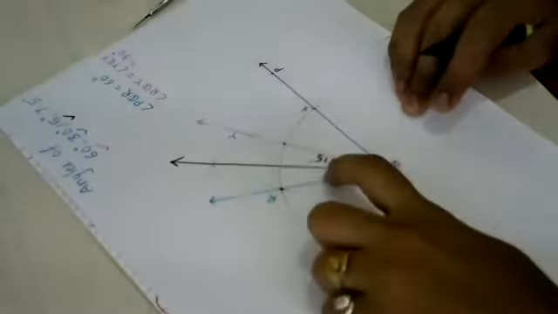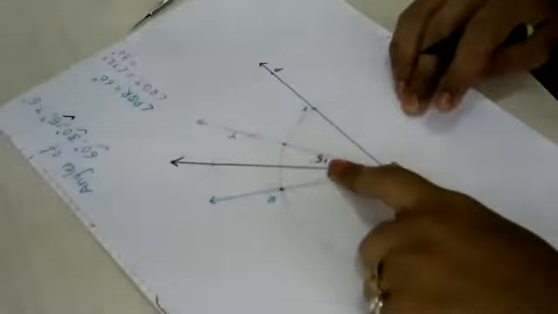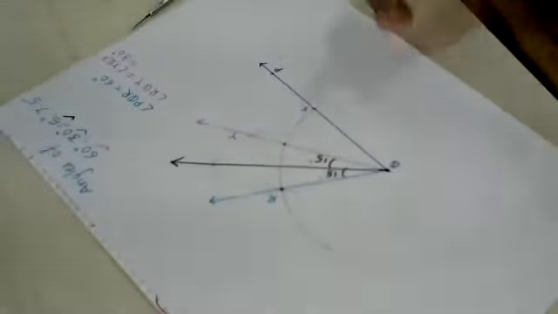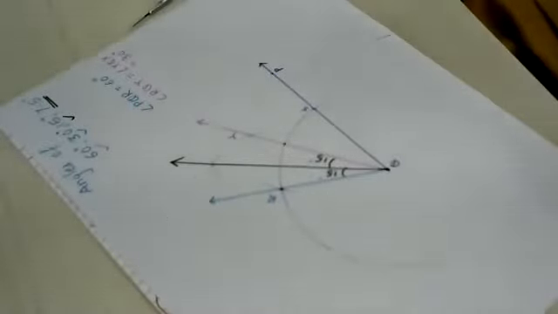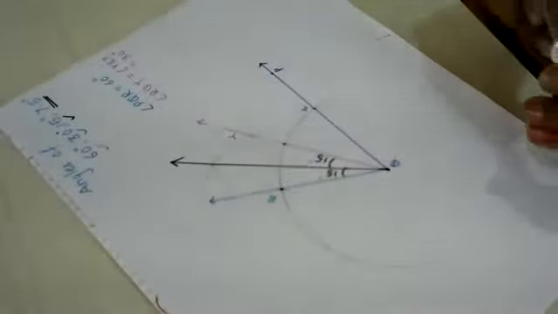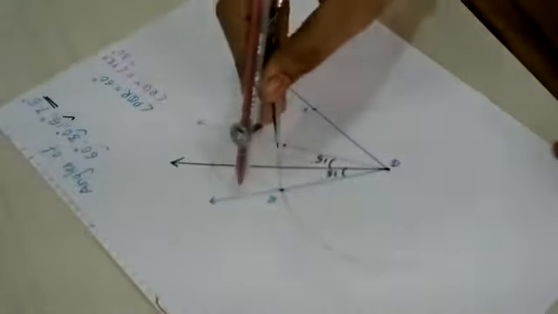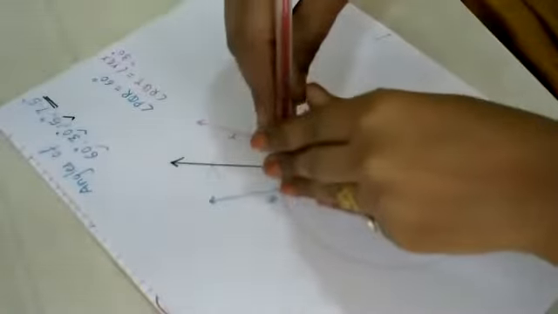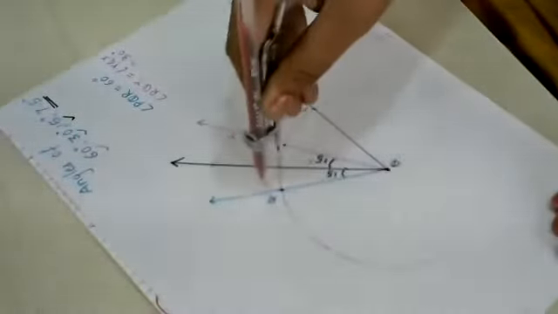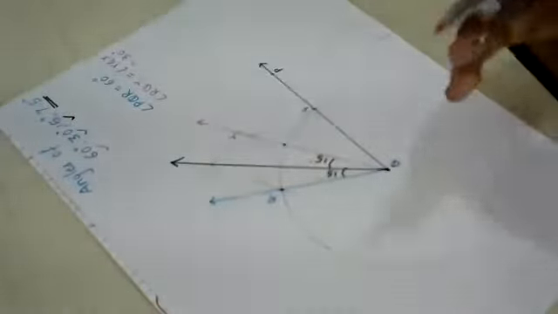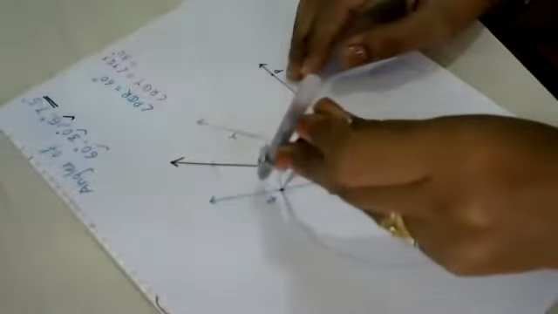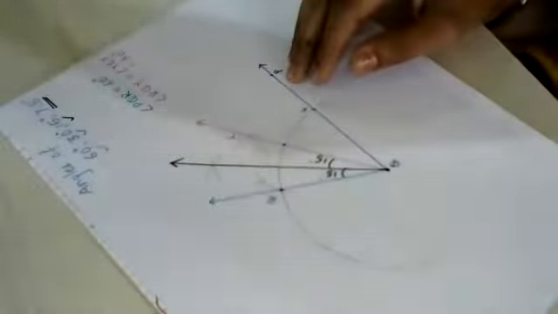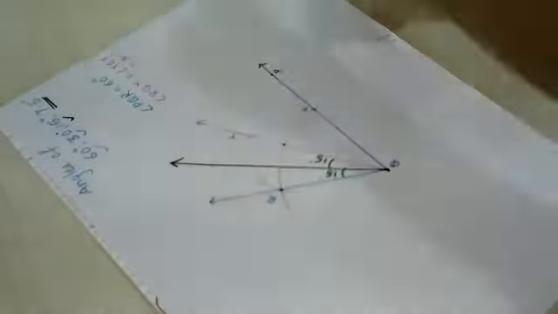Now if I bisect the 15 degree angle, then I will reach the 7.5 degree angle. So here I am going to bisect this angle. Take again more than half distance. This is my one arc. This is my second arc. Again, draw the line which passes through the vertex.